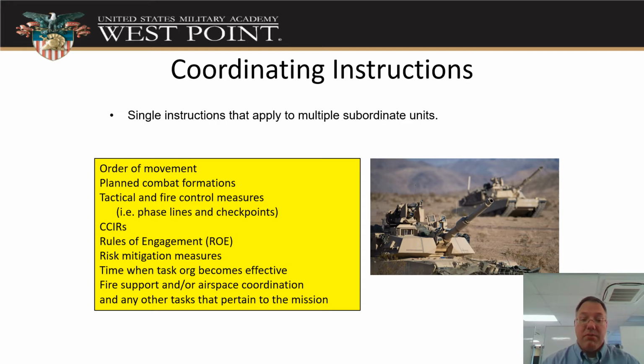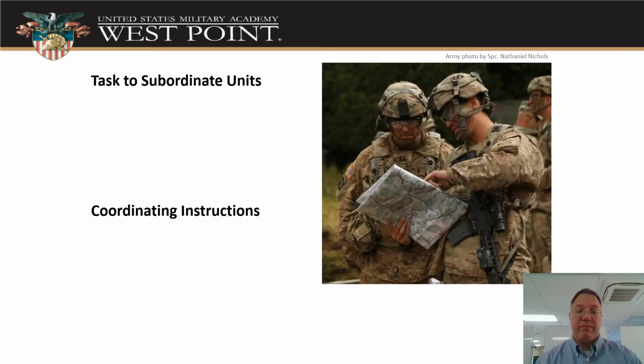Fire support, airspace coordination, any other tasks you need for the mission, which could go all the way down to every squad needs to send one soldier to KP duty at 1800. And every squad needs to send one soldier to draw ammo from the platoon sergeant at noon, whatever. Those kinds of things are coordinating instructions because it's every squad or multiple squads.